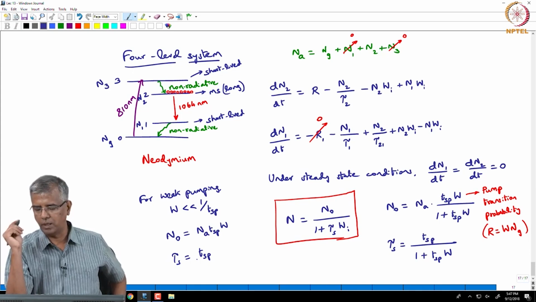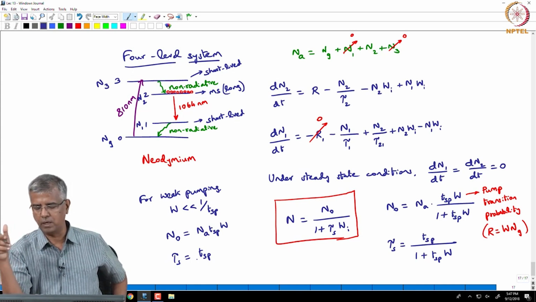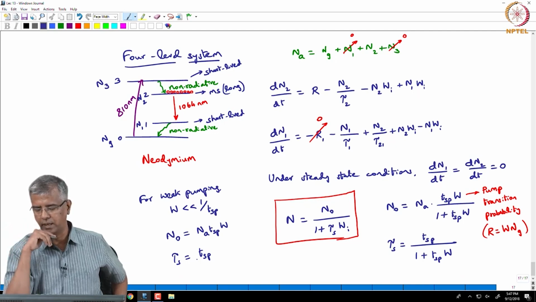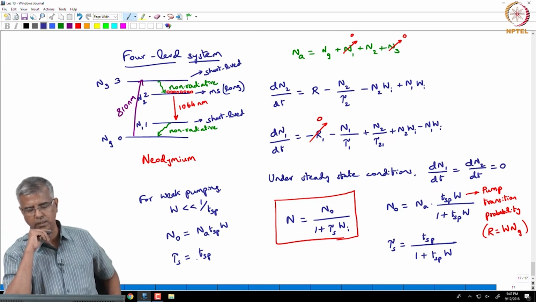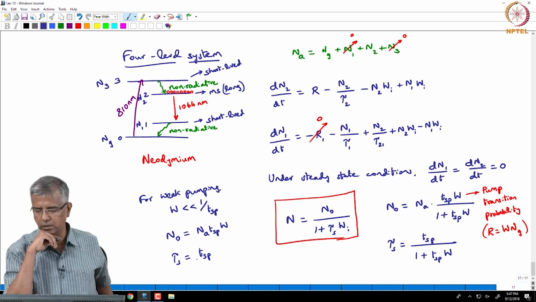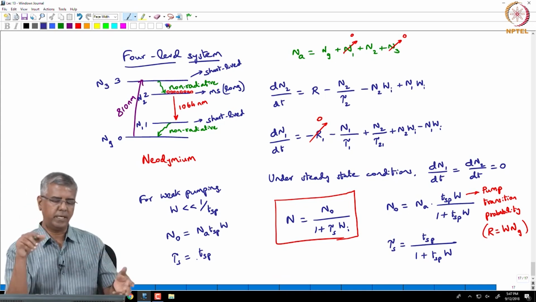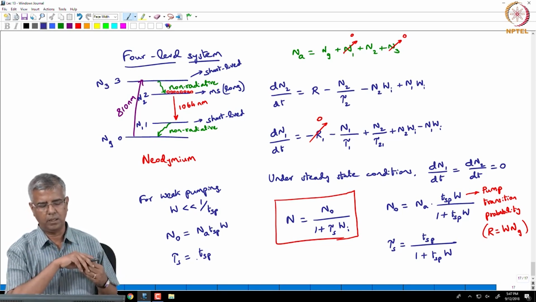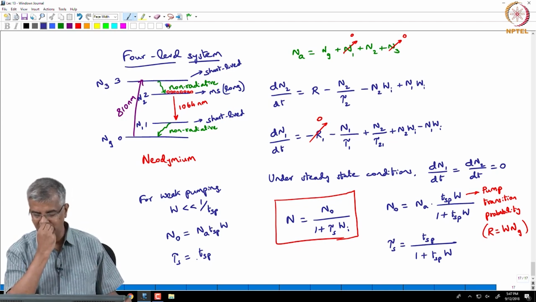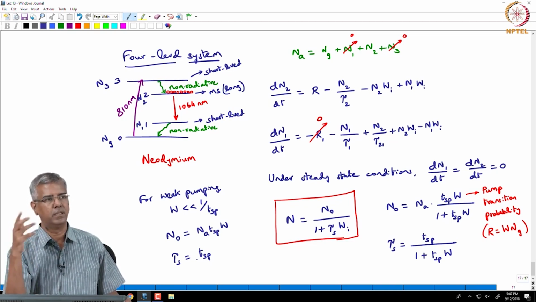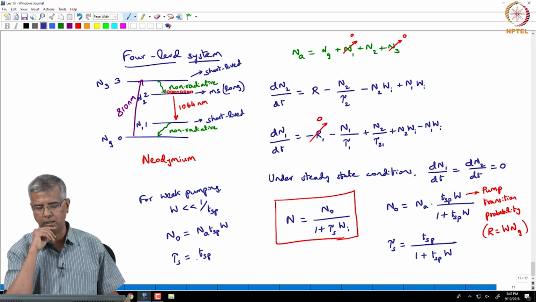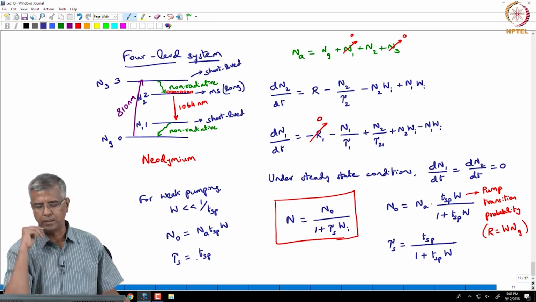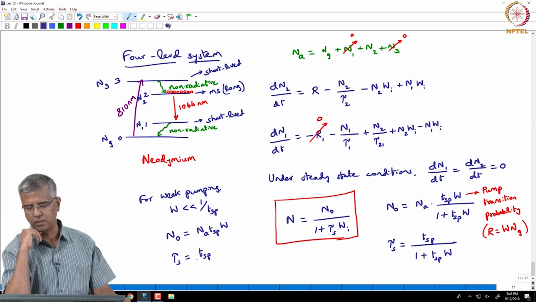Okay. So, there is not a whole lot of pump power dependence as far as achieving inversion is concerned. Okay. So, that is the advantage of a 4-level system. Now, of course, how we use this advantage, we will actually have to consider the case of a laser before we realize the true impact of this sort of an advantage. So, we will discuss that in the next few lectures.